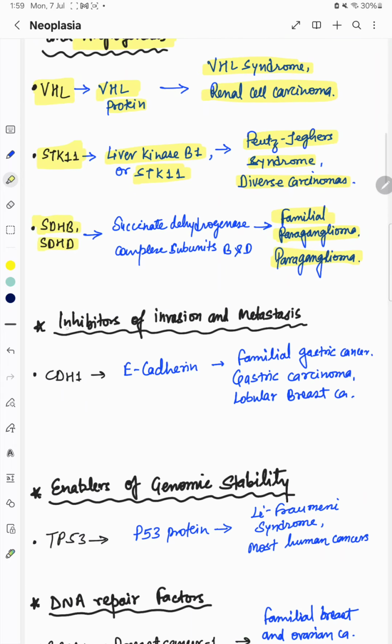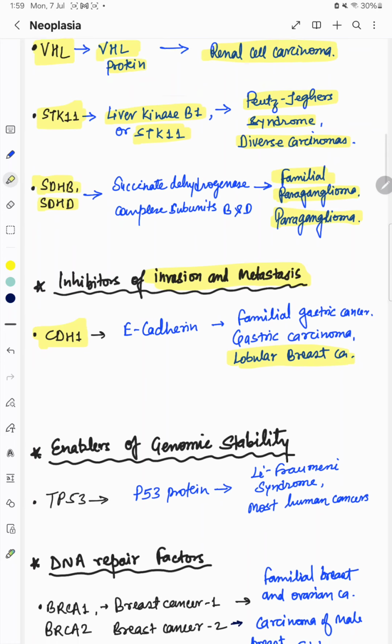Fourth category is inhibitors of invasion and metastasis. CDH1 is an inhibitor of invasion and metastasis. It prevents invasion and metastasis, so prevents cancer formation. CDH1 encodes E-cadherin. Mutation of CDH1 will result in familial gastric cancer, gastric carcinoma and lobular breast carcinoma.